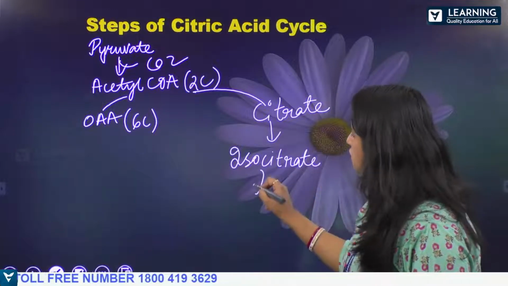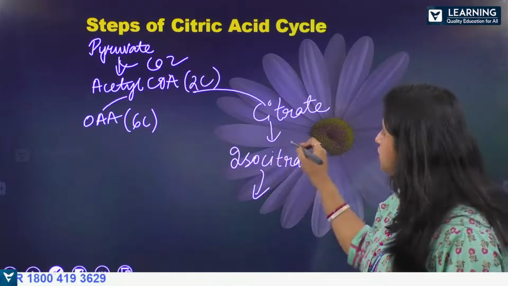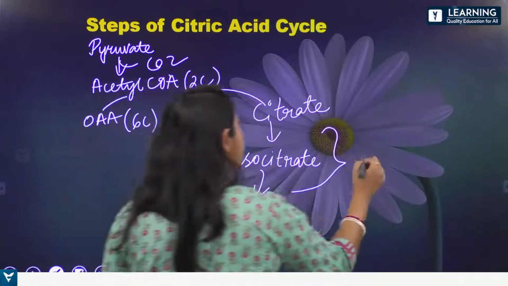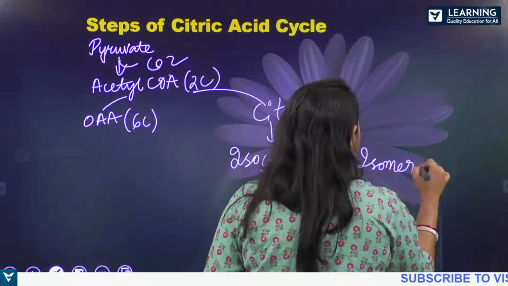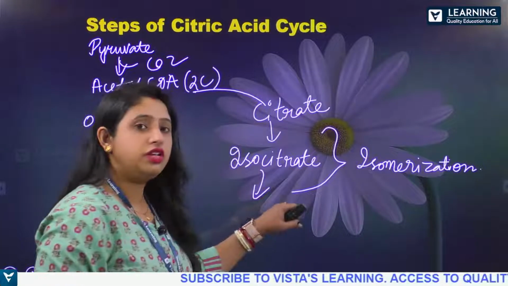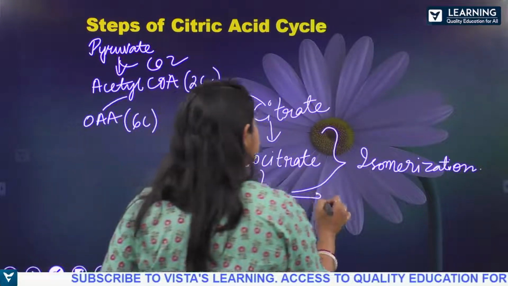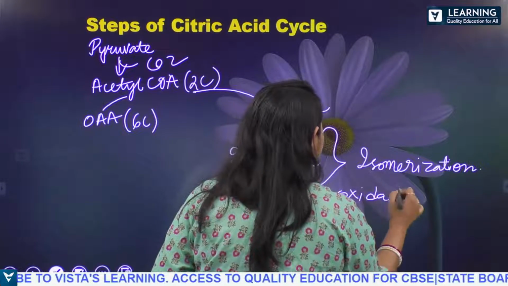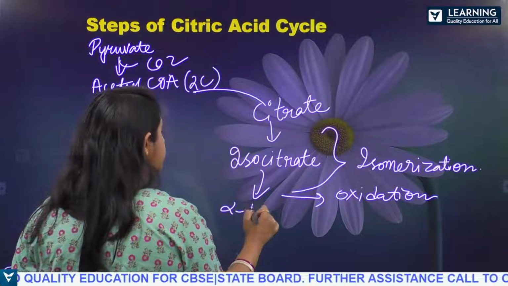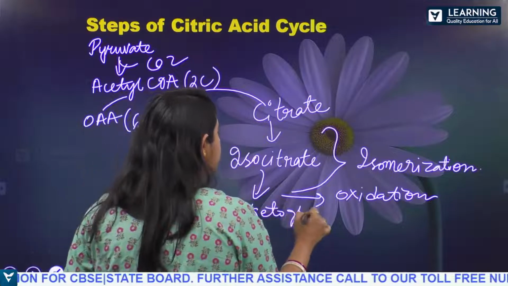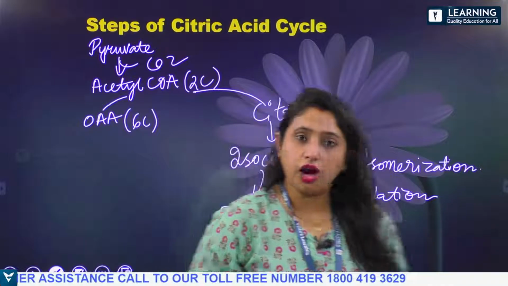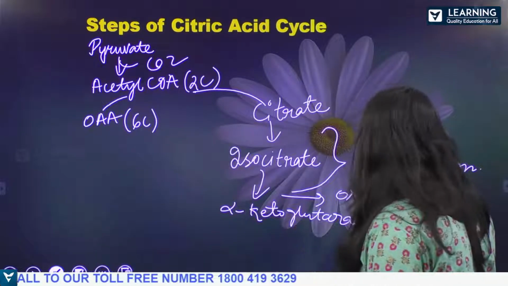So from isocitrate, what happens here? An isomerization reaction took place, isn't it? Now here oxidation takes place, so it leads to the formation of a 5-carbon molecule, that is alpha ketoglutarate.